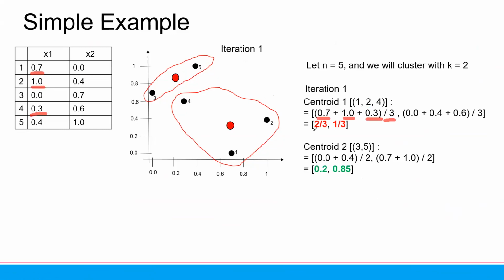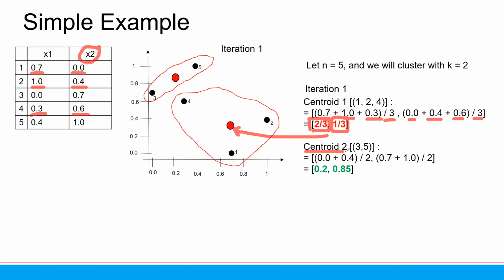The result is 2/3. And what about x2? Here we have 0 plus 0.4 plus 0.6, divided by 3. So we get the center point.